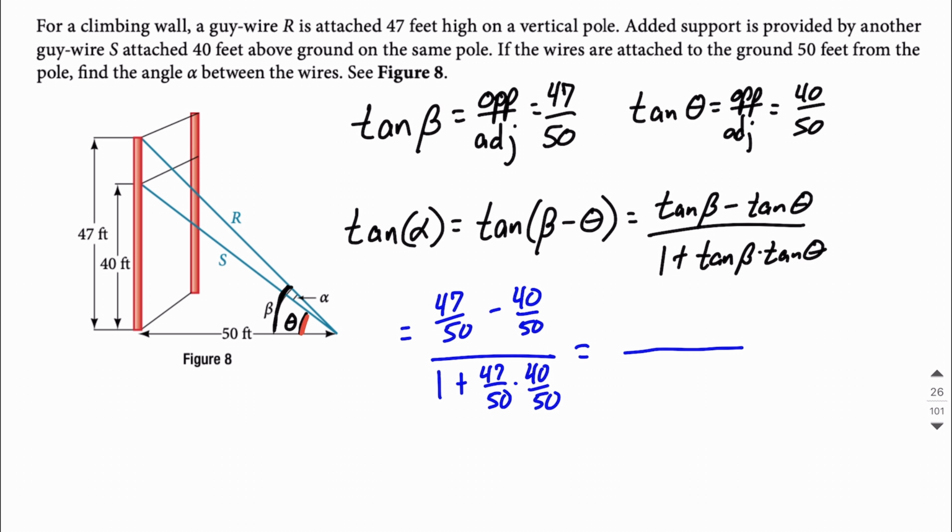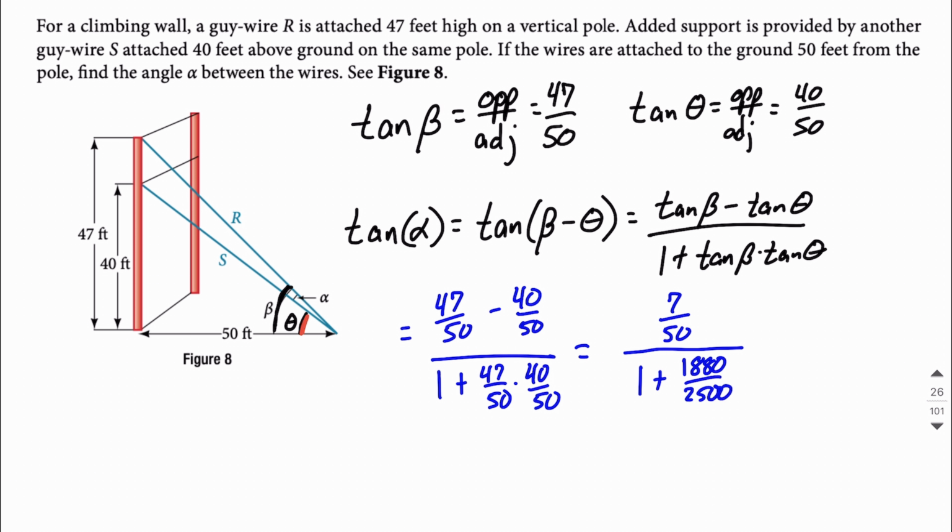So for our numerator, we've got two fractions subtracted, but they already have a common denominator. So subtract those numerators, keep the common denominator. For our big denominator, I'm going to first go ahead and multiply those fractions together. So 47 multiplied by 40 is 1,880, and 50 multiplied by 50 is 2,500.